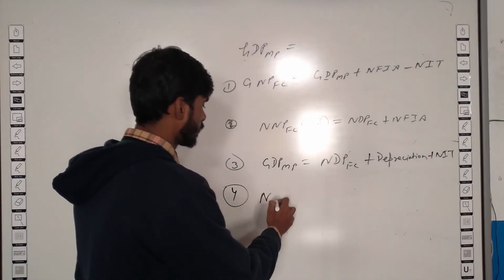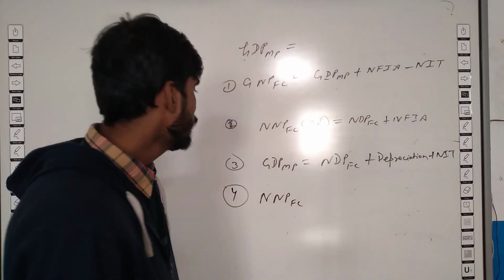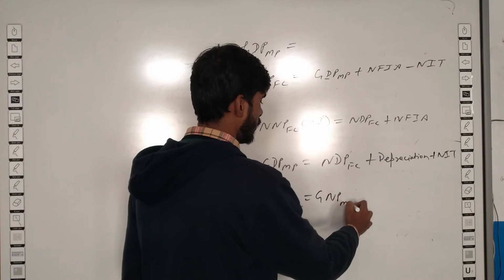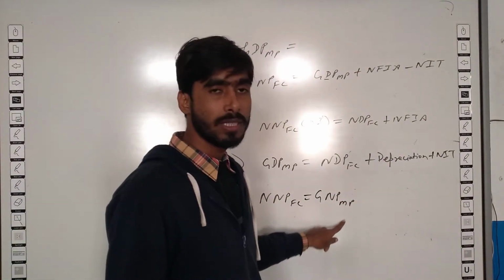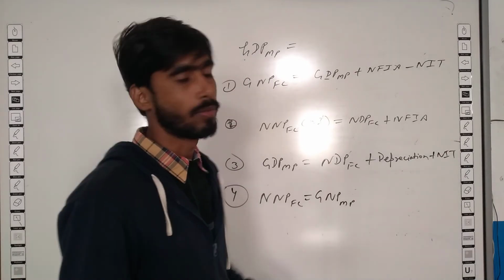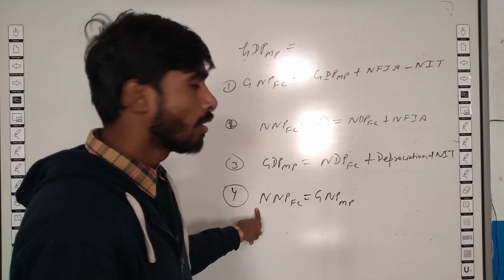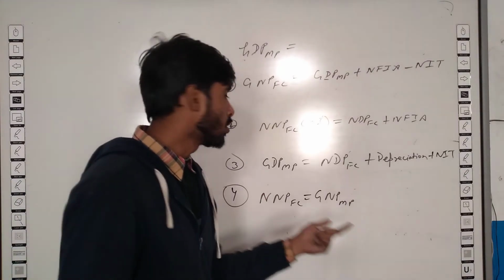Suppose we want the value of NNPFC and GNPMP is given. Net national product at factor cost and GNPMP is gross national product at market price. Here N means net, here G means gross. We want the value of net and the net value is calculated from gross value.